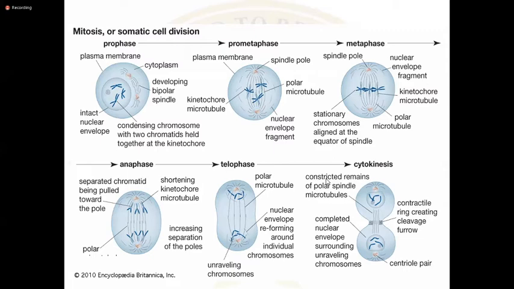The chromosomes get condensed and form the two chromatids, with the central centromere holding them.